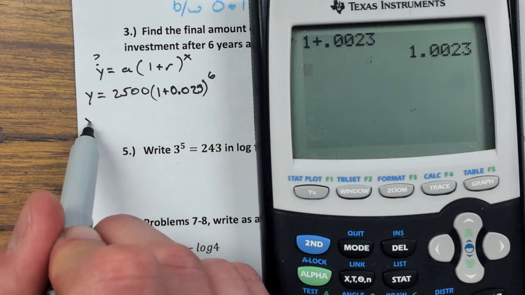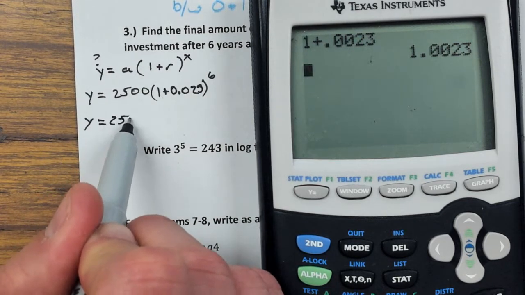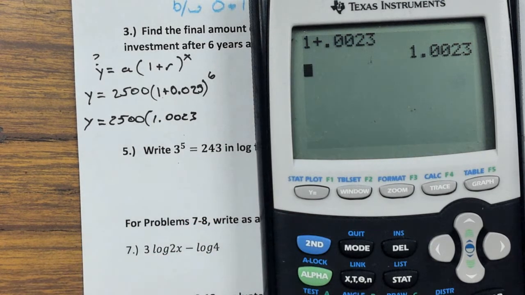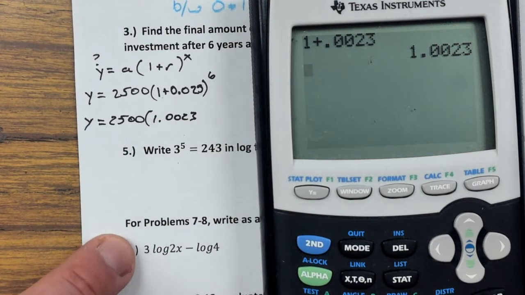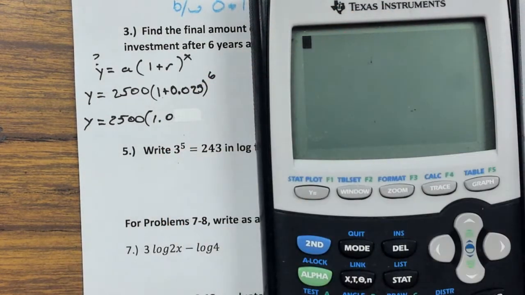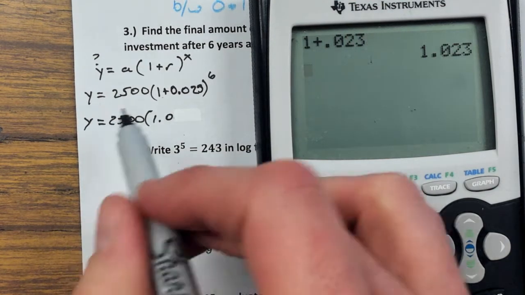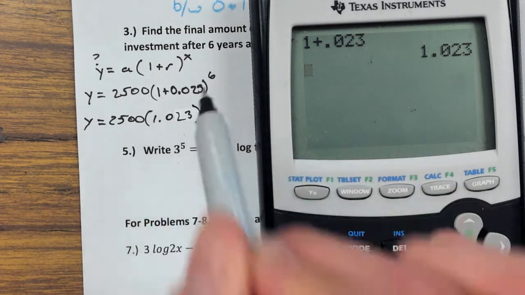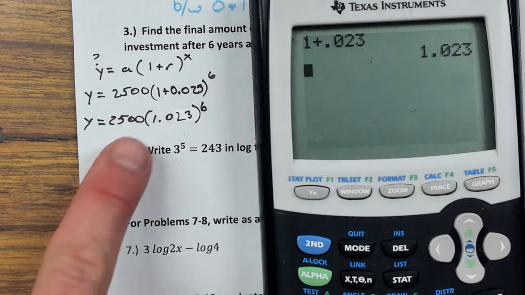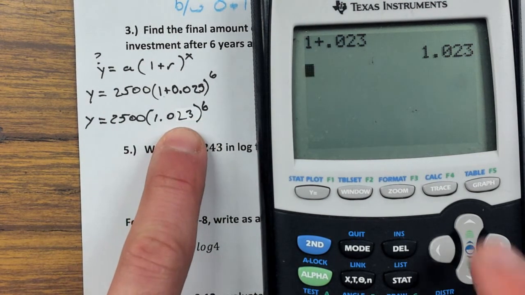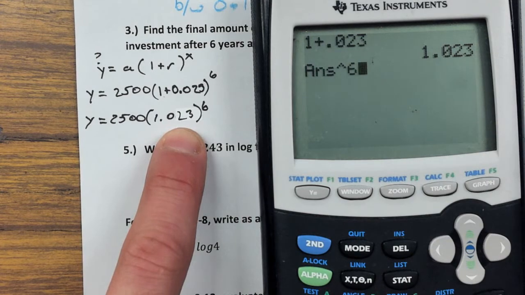Okay, so write this down, y equals 2,500, 1.002, excuse me, I did this completely wrong, I got an extra 0 in there. 1 plus 0.023, excuse me, so that's 1.023 to the 6th power. Now, when you're choosing between whether to multiply or do the exponent, PEMDAS says exponent first.